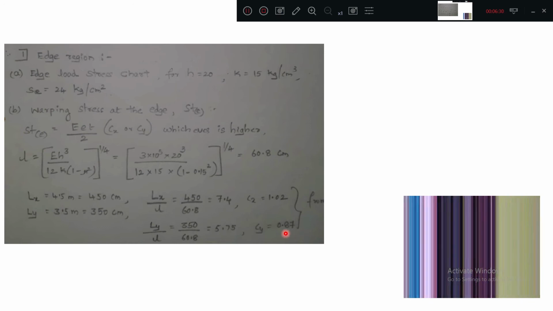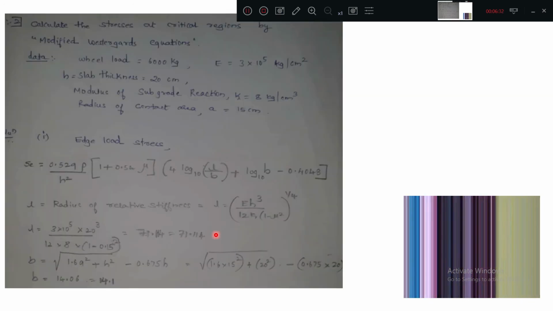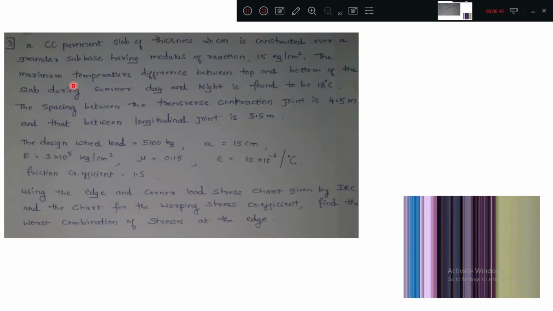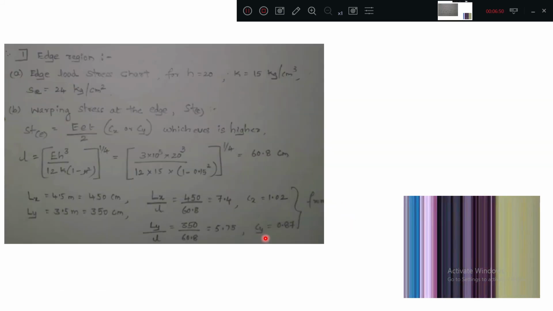For 5.75, it is 0.87. I am getting 0.8 something, 0.85, 0.87, something like that. So 0.87. Now once you get Cx and Cy from the graph, substitute in this formula.